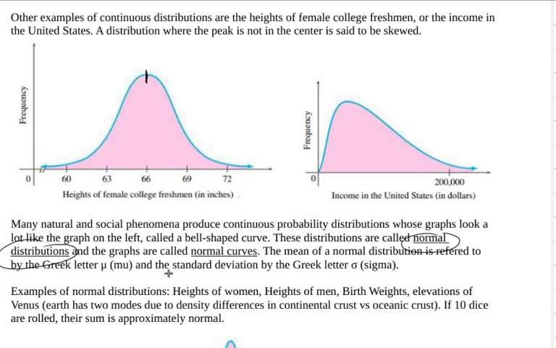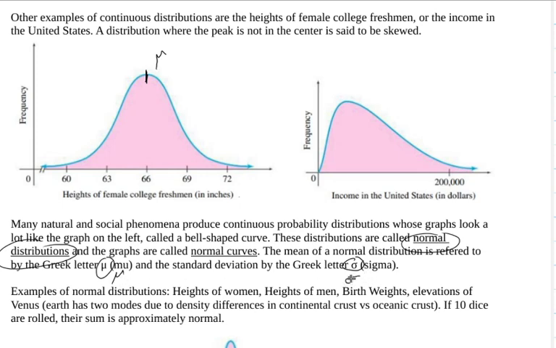Now, when we're talking about the mean of a continuous distribution, or especially with these normal distributions, instead of using x bar for the mean, we're going to be using the Greek letter mu. So this right here is going to be the mean. That's mu. And we're going to refer to the standard deviation with a sigma. So we have mu and sigma to refer to the mean and the standard deviation.